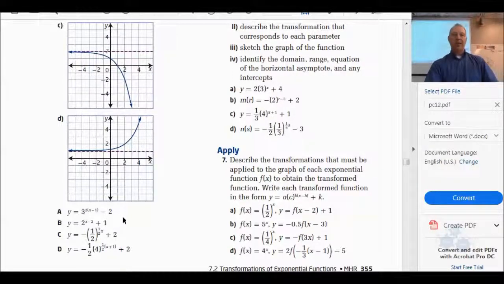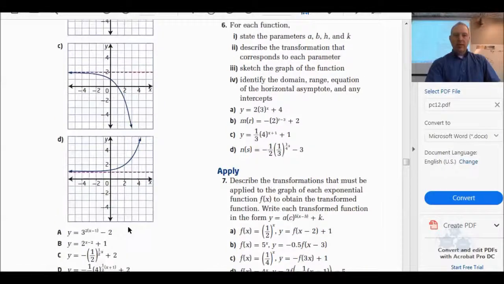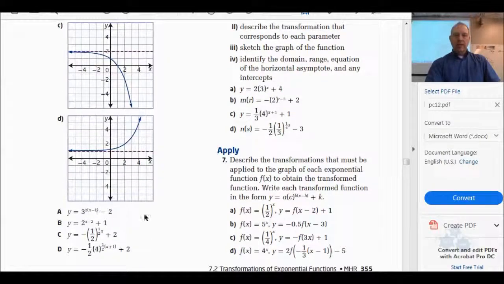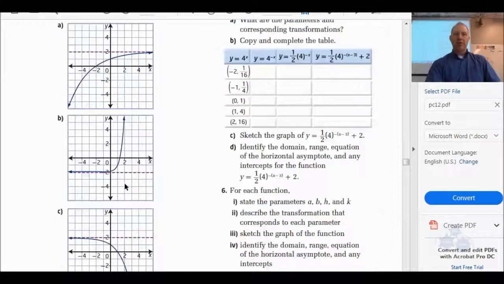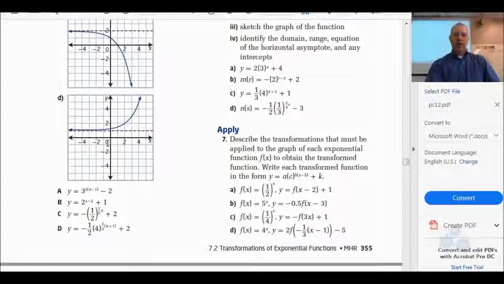So which one of these appears to possibly have some of these characteristics? So we've got a flip. So it looks like a is going to be negative. Okay. So maybe C or D. Do we have anything else that looks familiar here?